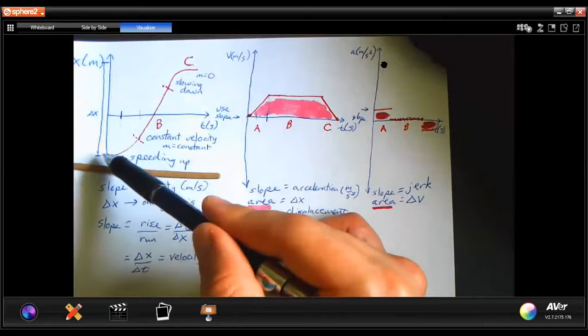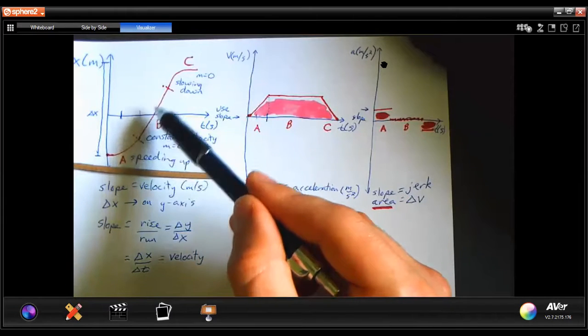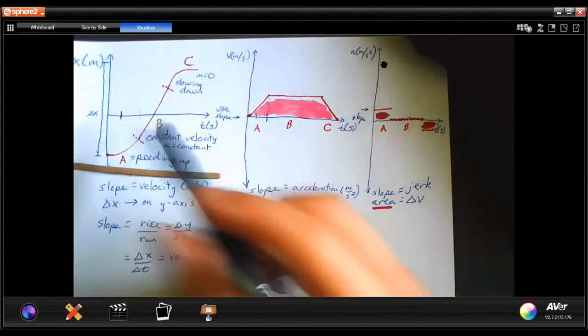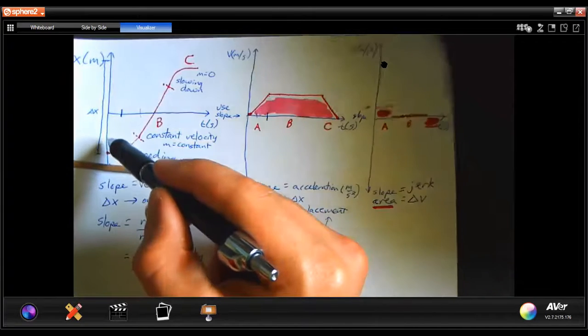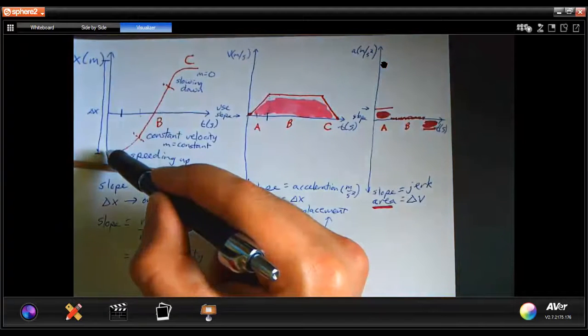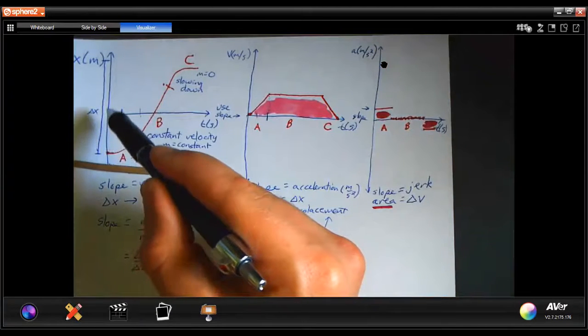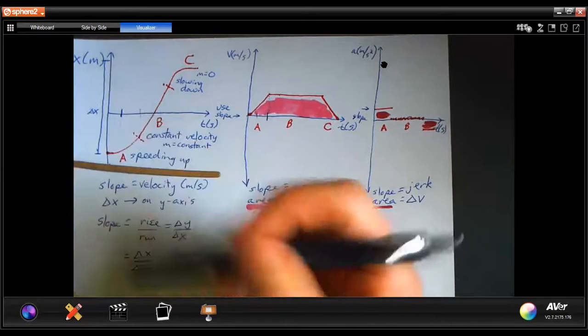You have to speed up, start at 0, speed up to 25, go 25, and then come to a stop. In reality, you would be doing it like this: starting here at 0, speeding up to 25, going constantly at 25, and then slowing down to 0. That's what it would be.